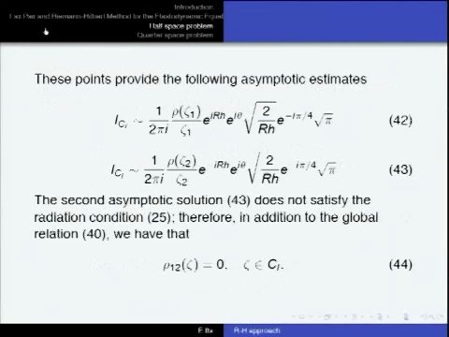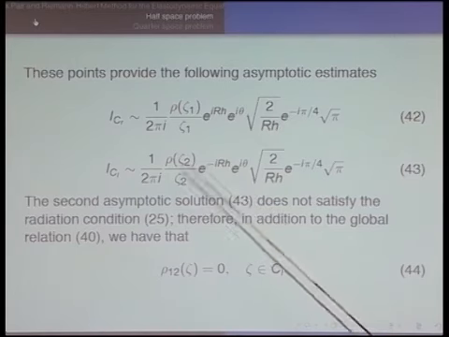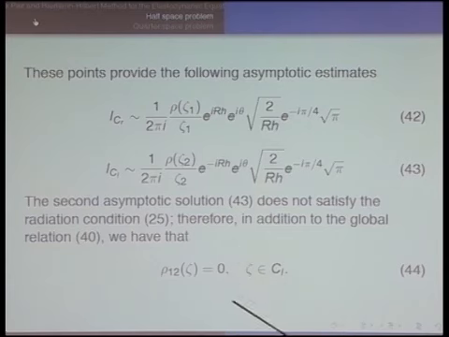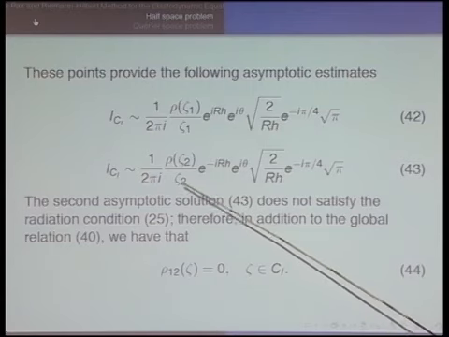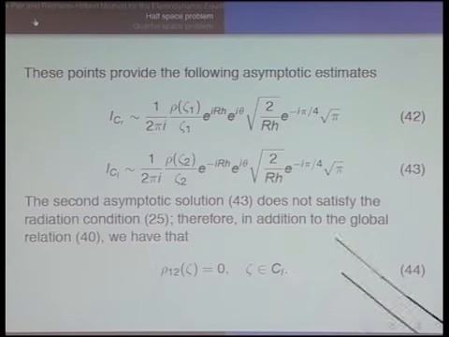Moreover, the points, they give us the following asymptotic estimates for rho, and we see at once that the second one does not satisfy the radiation condition.